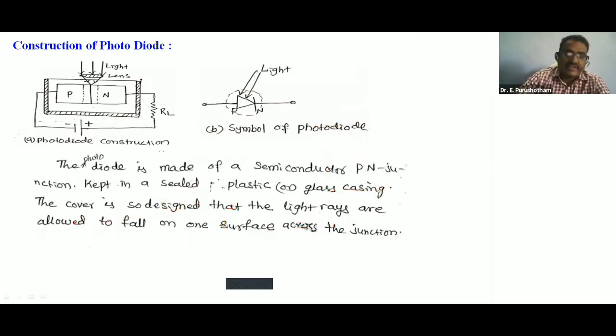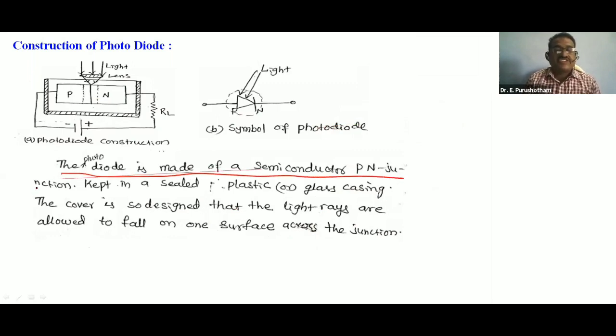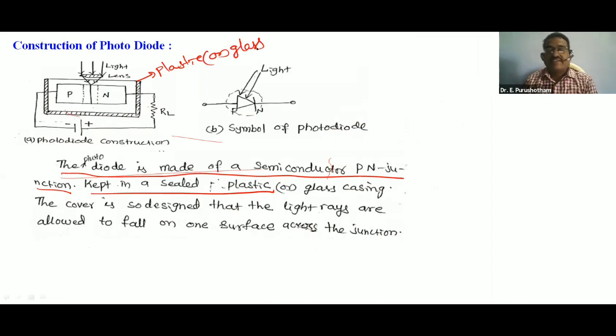You can observe clearly on the screen. The photodiode is made up of a semiconductor PN junction kept in a sealed plastic or glass casing.